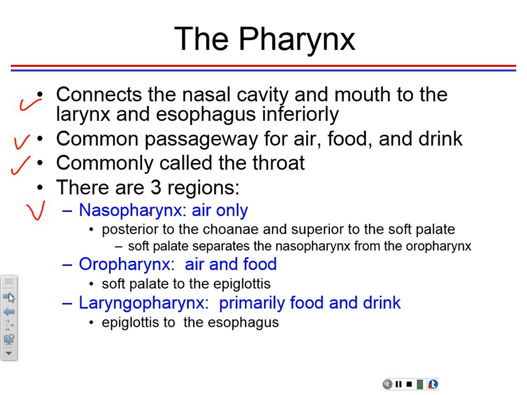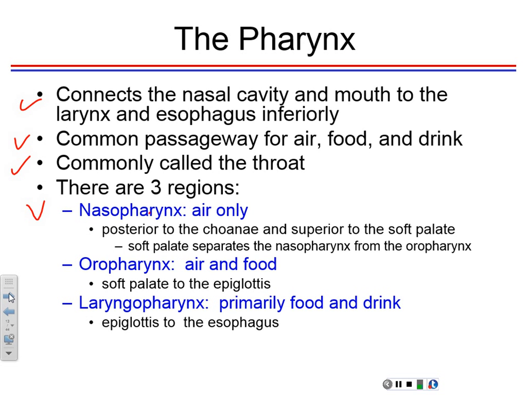The posterior choanae, or internal nares, posterior nares, open up to the nasopharynx, and of course the soft palate. And post-nasal drip goes in there too. That's why it creates a coughing reflex, because it drops in there. Sometimes it will drop into the laryngopharynx, because the throat is a big opening like this.